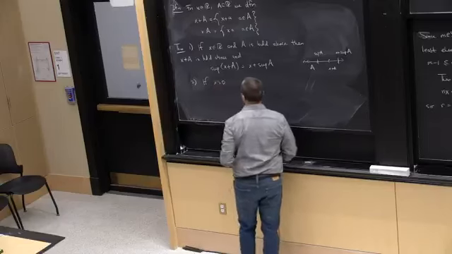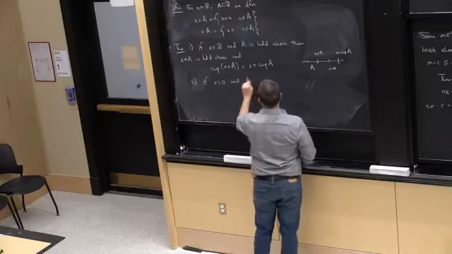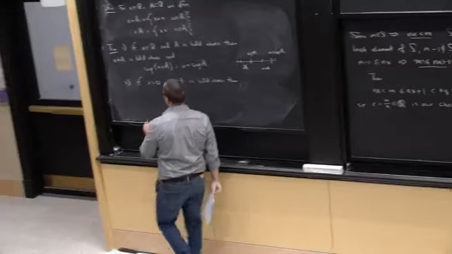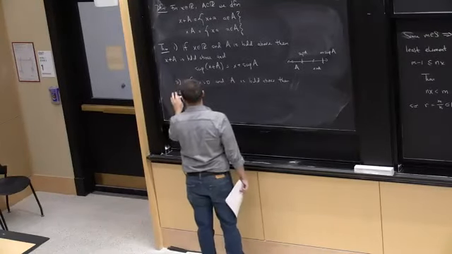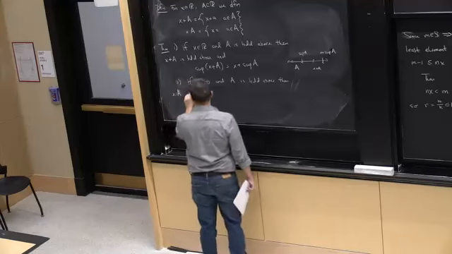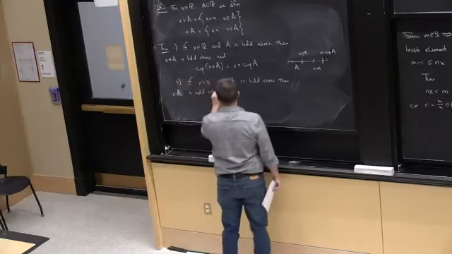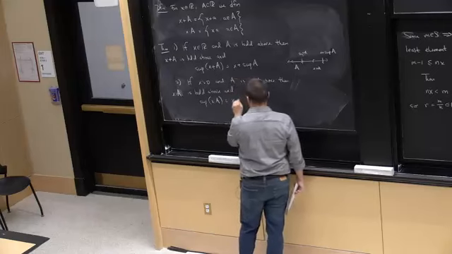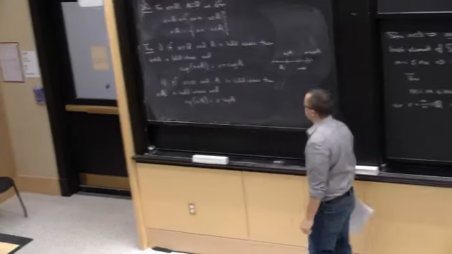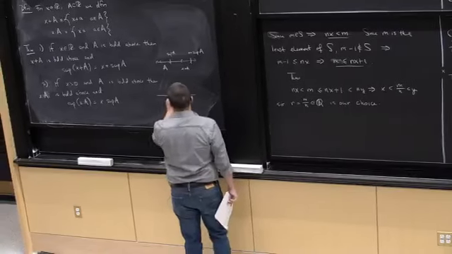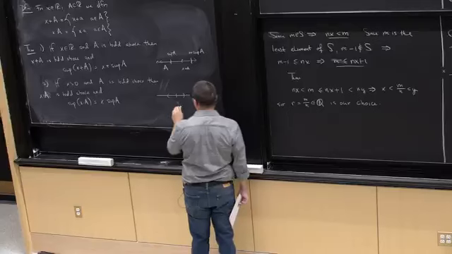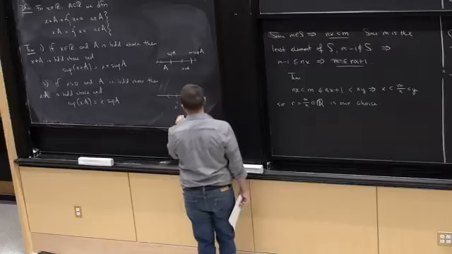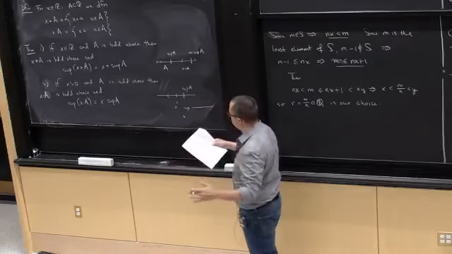The other statement is that if x is positive and A is bounded above, then x times A is bounded above, and sup of x times A equals x times the sup of A. If I were to draw a picture, and let's say A is kind of symmetric with respect to 0, so here's A, there's sup of A, and I multiply it by x, then this either fattens the interval or makes it smaller.